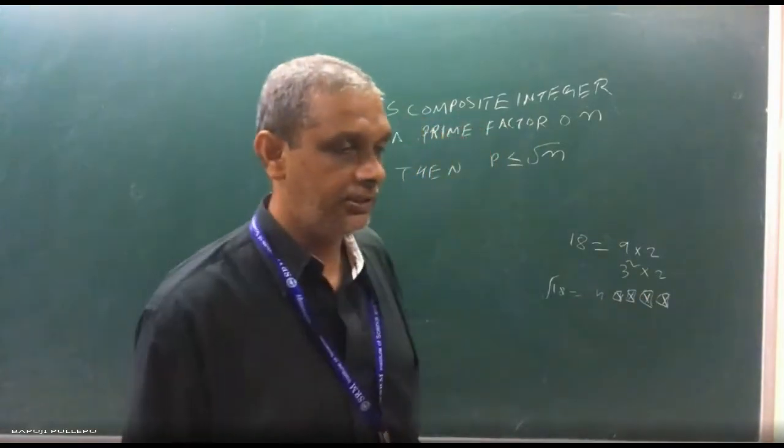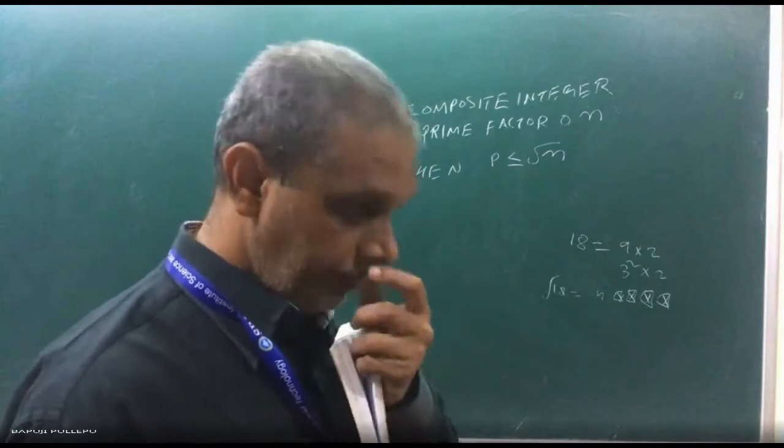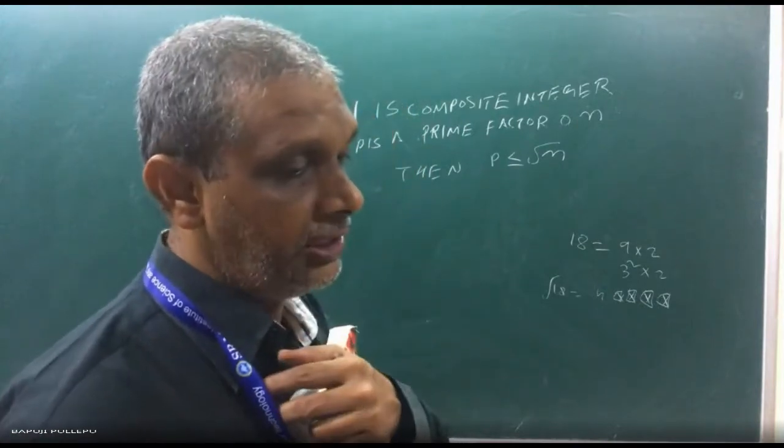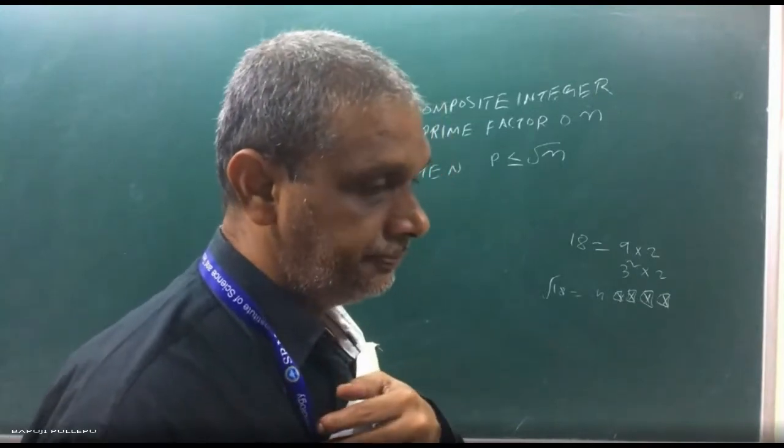But here the prime factors are 3 and 2, so obviously 3 and 2 are less than 4. Correct or not? Any doubt?